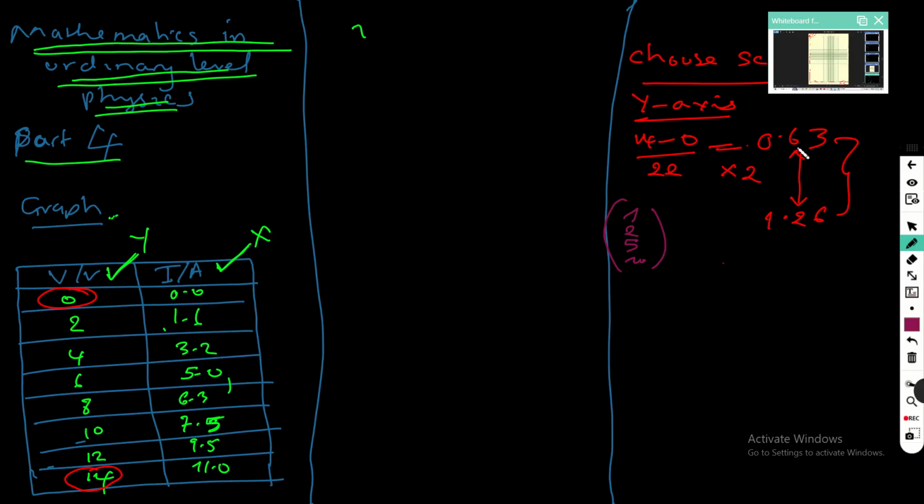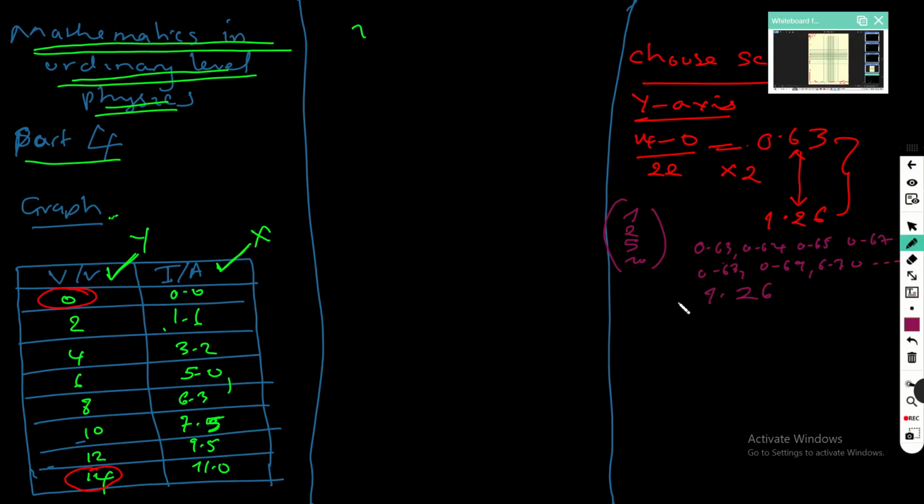Now, if you look here between 0.63 to 1.26, what I mean is you have 0.63, 0.64, 0.65, 0.67, 0.68, 0.69, 0.70. You write all of this up to 1.26.